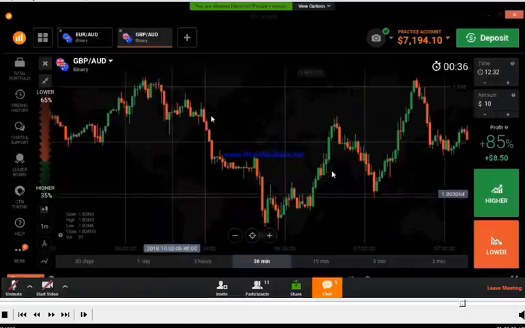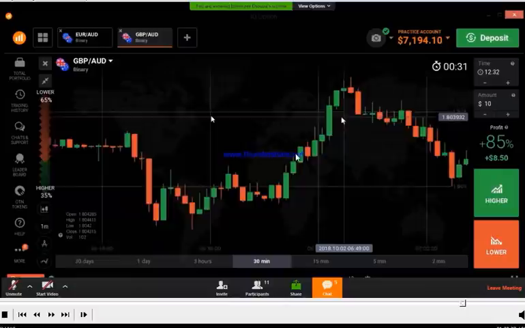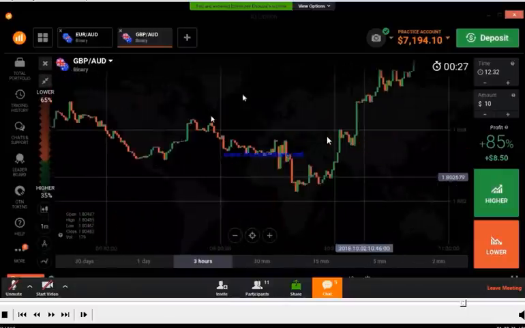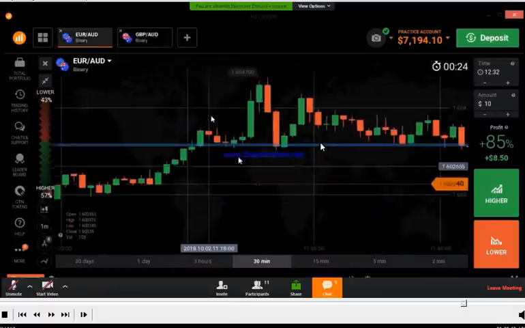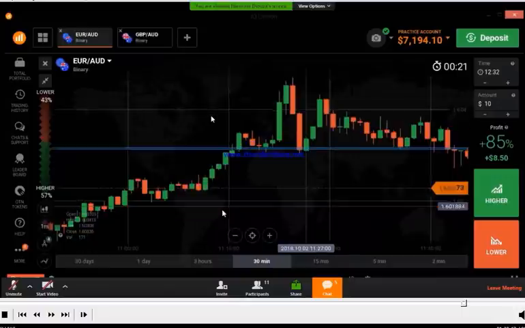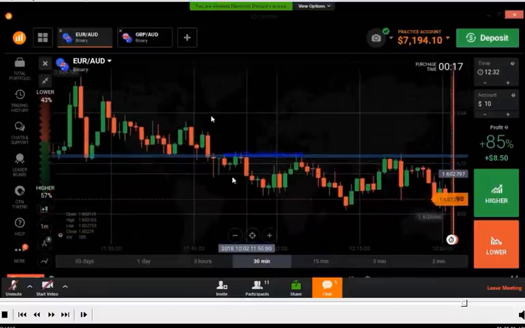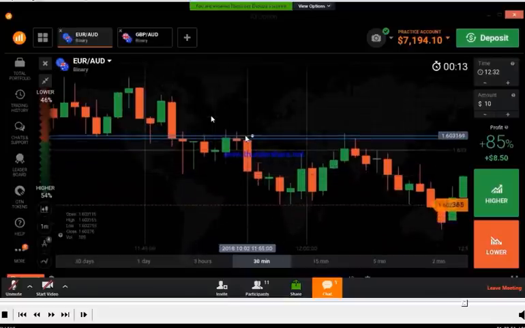If you find the spinning top at a strong SNR point, you can take this spinning top as a reversal candlestick. You can see here, you can find the spinning top candles as reversal candlesticks. You can trade after the spinning top.